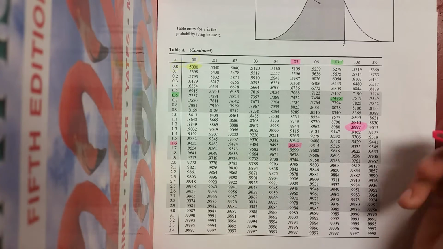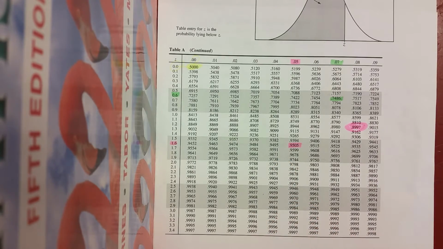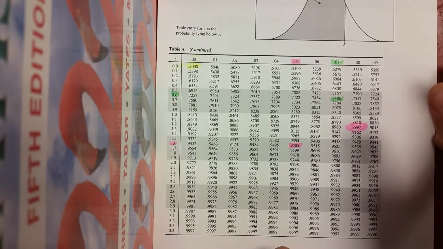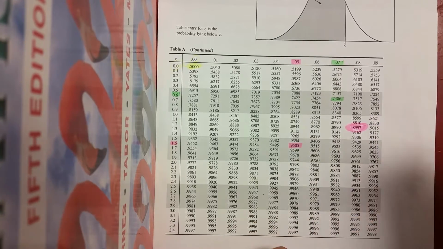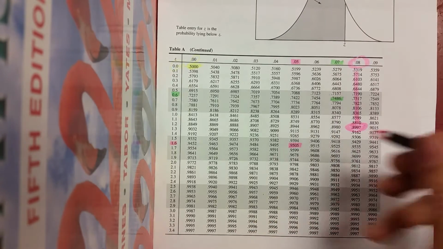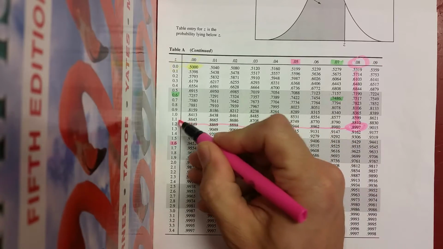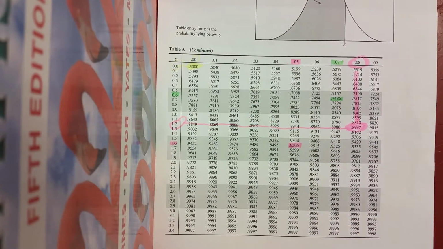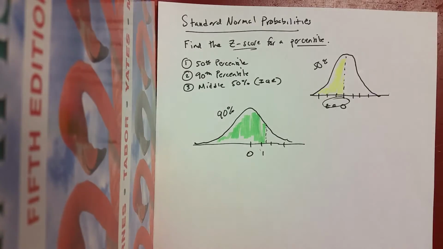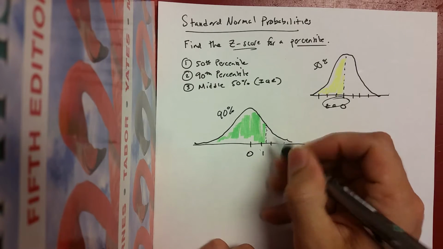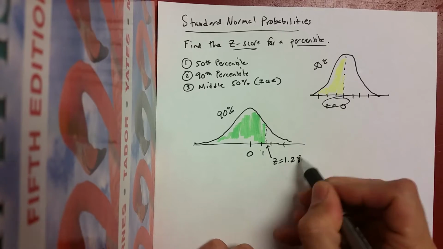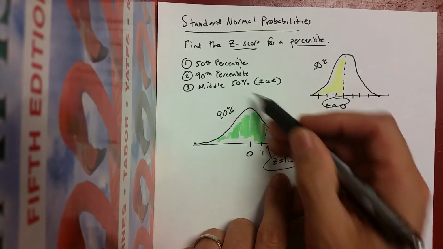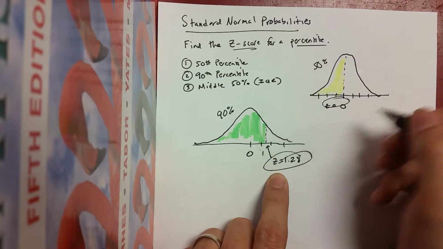I mean, that's not exactly 90%, but it's only 0.03% away from it. So I'm going to see, well, what was that? If I go up, I see 0.08. If I go to the left, I see 1.2. So that would be a z-score of 1.28. And so that means 1.28 is the 90th percentile.